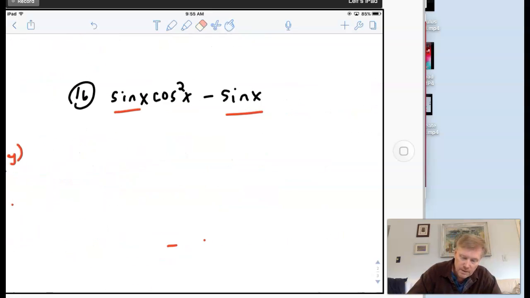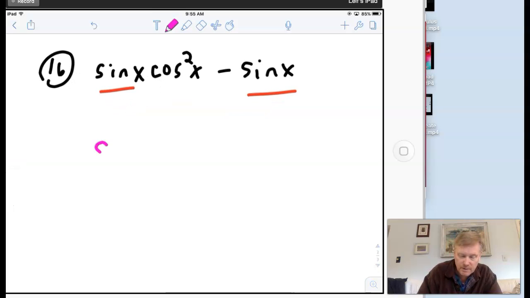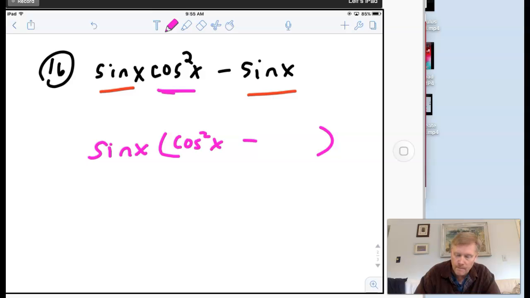16. So this one's kind of neat. I can factor out, they both have a sine of x in there, which means I can pull a sine of x outside the parentheses. And what's left in there is the cosine squared of x minus 1, okay? Now I went through earlier in the video that 1 minus cosine squared is sine squared.